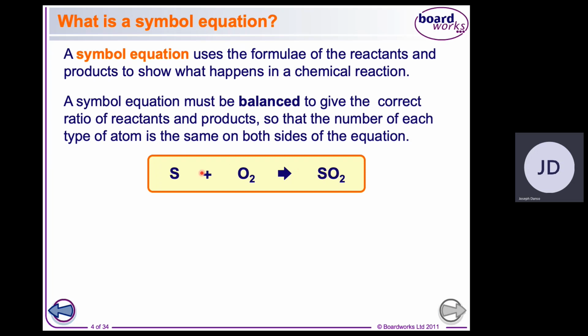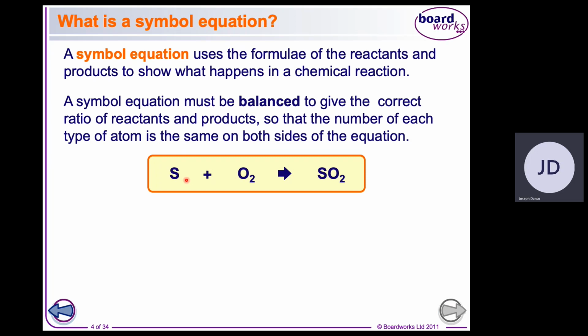The only difference is that in the case of symbol equation, we are using the formula of the reactants and products in the reaction. Again, we will have to balance the equation, and then subsequently we will look at adding state symbols.